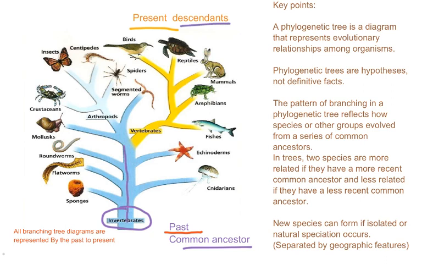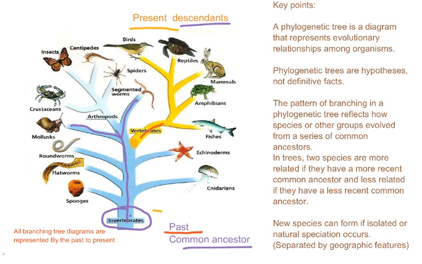Everything in blue represents an animal that is an invertebrate. As we work our way from the past to the present, you will notice that there is a node that separates invertebrates from vertebrates. This separation in the branching tree diagram identifies specific animals that are more closely related.